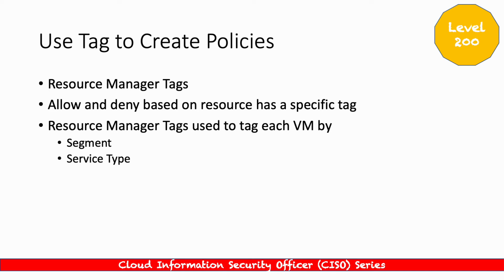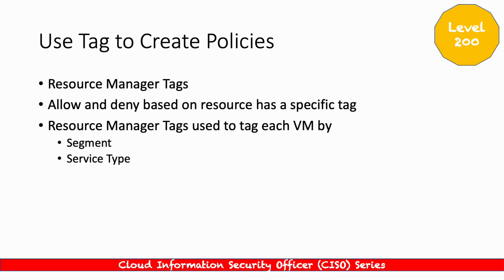Okay, another feature, and it's not specific to Secure Web Proxy, right? This is a theme within Google Cloud across multiple native product services, which is the ability to use tags, right? So we can use tags to create policies, and we do this using resource manager tags.